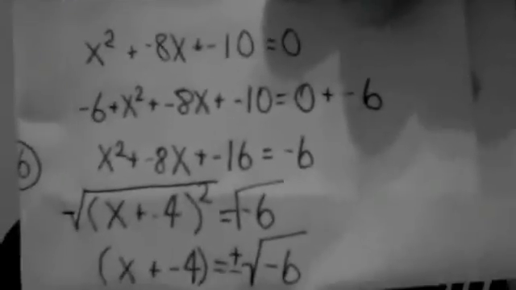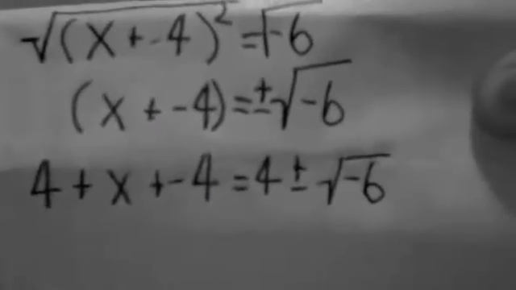So we add the positive 4 to both sides of the equation, and we end up with 4 plus x plus negative 4 equals 4 plus or minus the square root of negative 6.